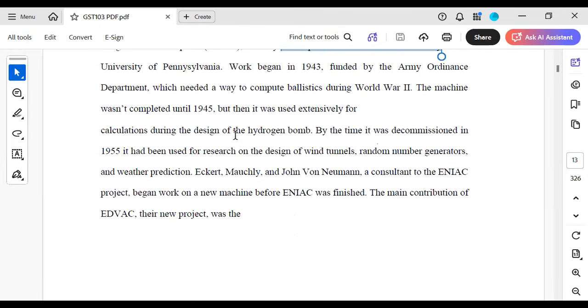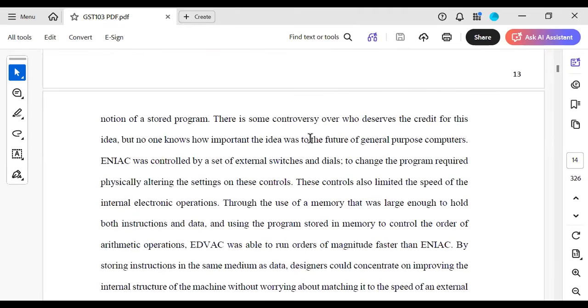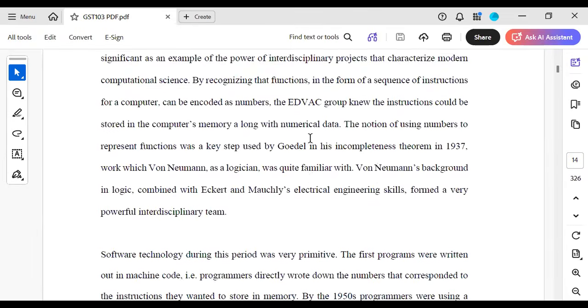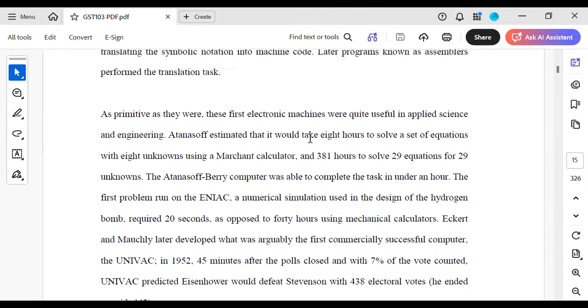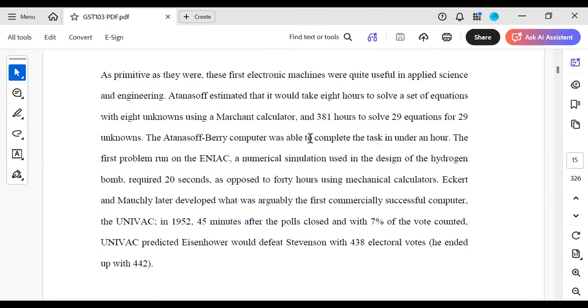Don't forget this, please. It was used for the design of the hydrogen bomb. In case you are asked in the exam which computer was used for the design of the hydrogen bomb in 1955, that is the ENIAC still. So all the rest are just story. Just know the full meaning of ENIAC.